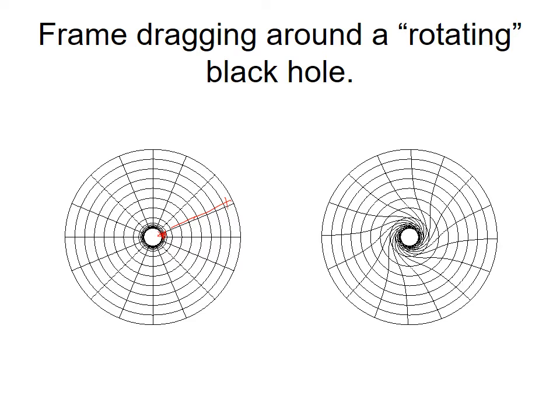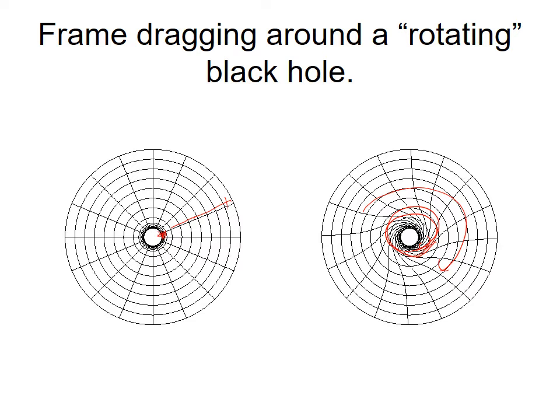Well, with a rotating black hole, the Kerr metric says that space is twisted around in the direction of the black hole. And so that means that you have to go farther around this way than you do the other direction.